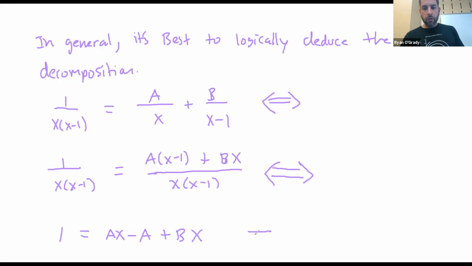Which I am going to rewrite as 1 equals negative a plus the quantity a plus b times x. So this is the equation I want everybody to ponder.